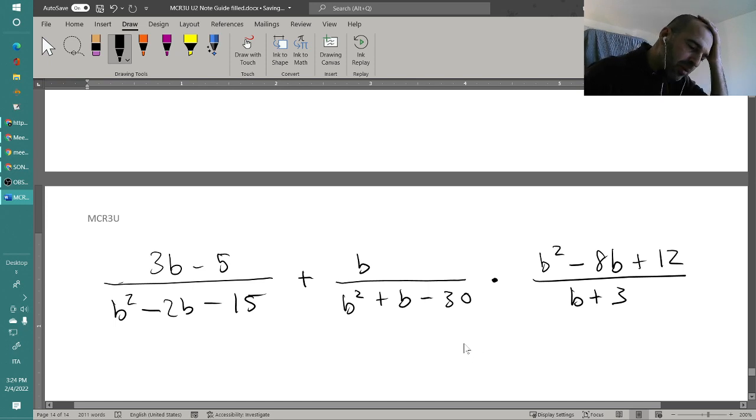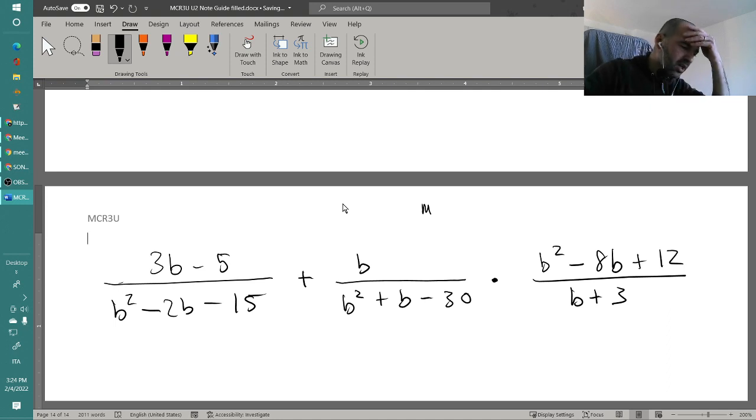Question is, how am I going to deal with this first? All right. What are my stages here? I've got an addition, then I've got a multiplication. If y'all remember, we have to do multiplication before addition due to the order of operations.